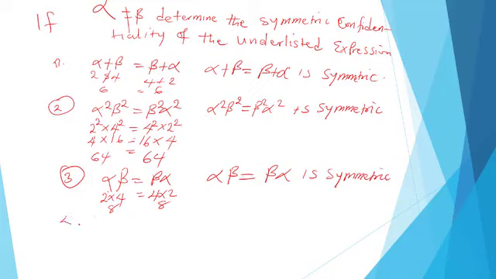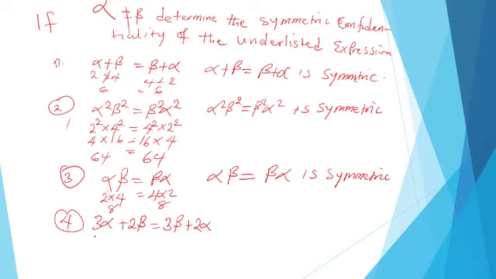Now what if we have something like 3 alpha plus 2 beta? Is it the same thing as 3 beta plus 2 alpha? Let's confirm.